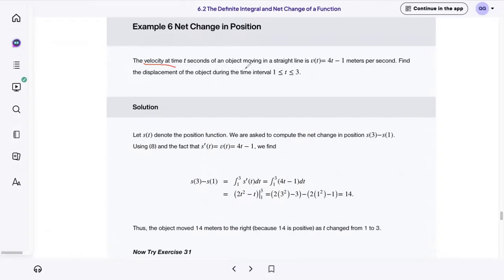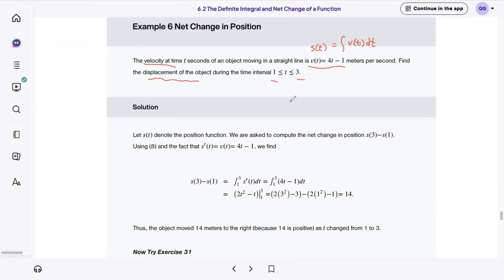At time t seconds, an object moving in a straight line has velocity given by a linear function. So we know the position function has to be a quadratic. Actually, we could just anti-differentiate the velocity function to find that, and find the displacement of the object during the time from 1 to 3.